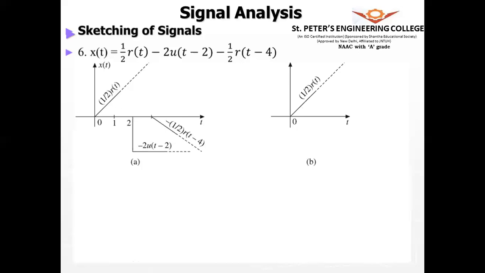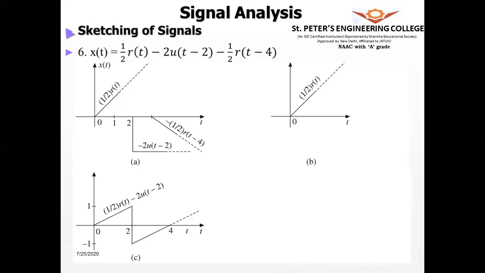The amplitude will be equal to 1. So the ramp would have reached an amplitude of 1, and there is a unit step signal starting, and its value is minus 2. Here the amplitude is plus 1, and plus 1 minus 2 will be minus 1. So the amplitude will fall down to minus 1.